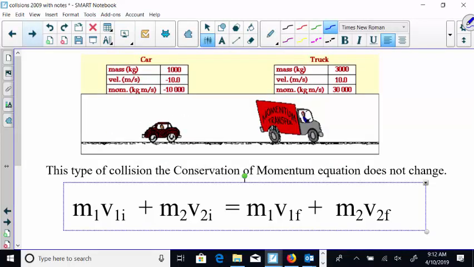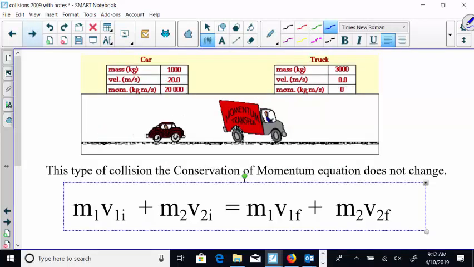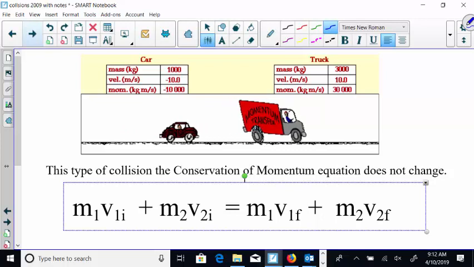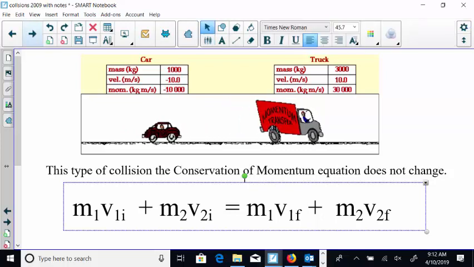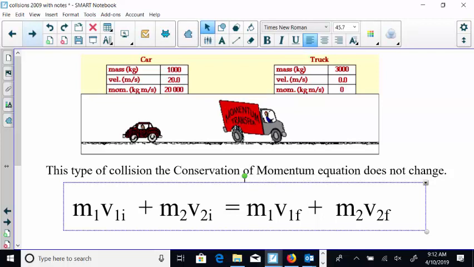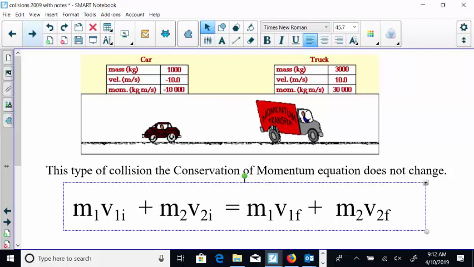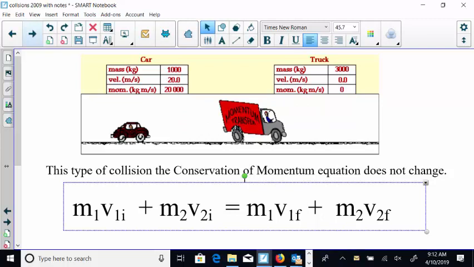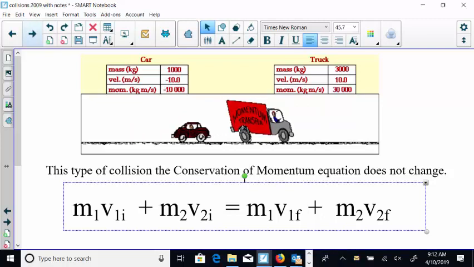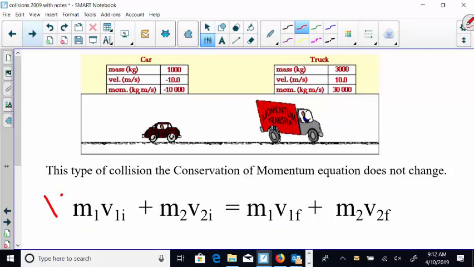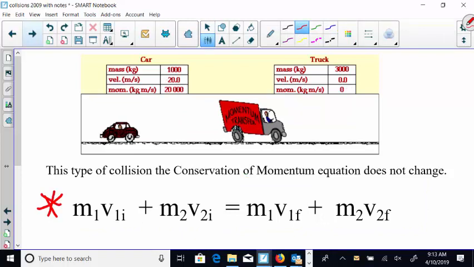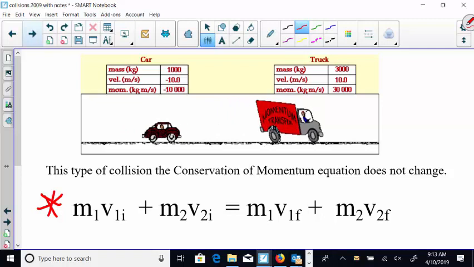Now, in this type of collision, our momentum equation that we developed yesterday really does not change. Our law of conservation of momentum is still M1 V1 initial plus M2 V2 initial equals M1 V1 final plus M2 V2 final.